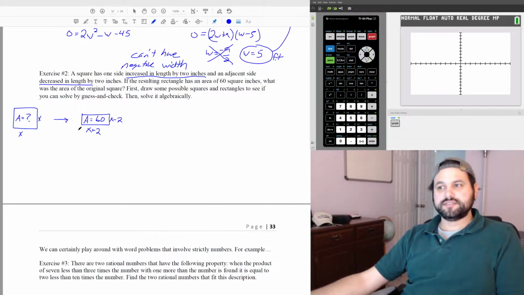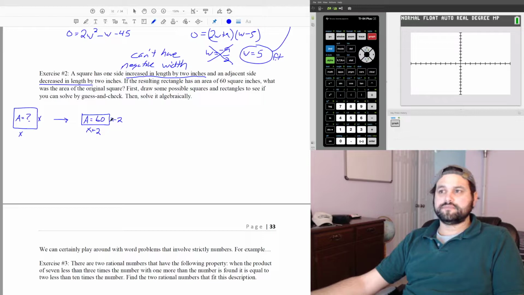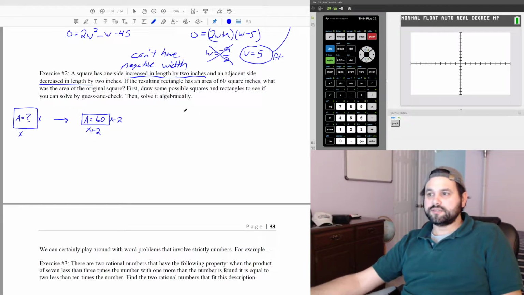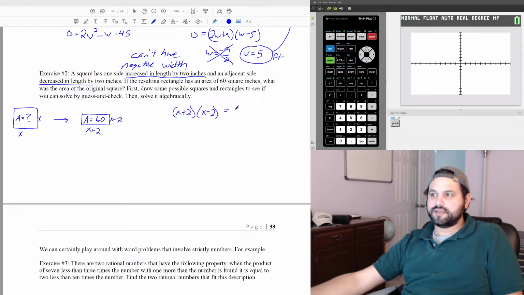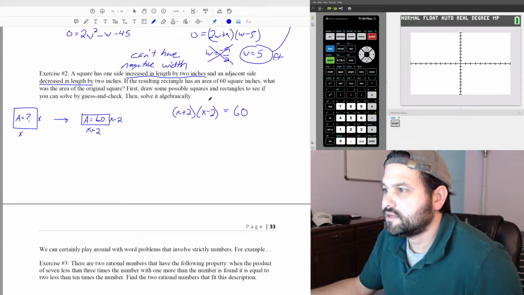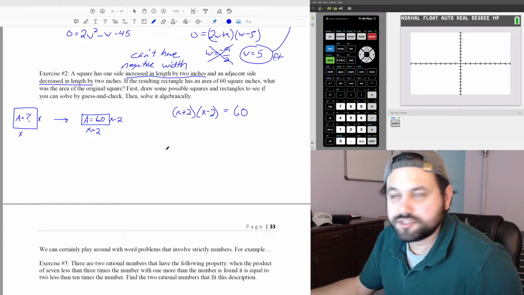So this is now set up to do what we did in the previous problem to figure out the value of x, which we can then use to find the area of the square. So we know that length times width equals area. So let's double distribute this.